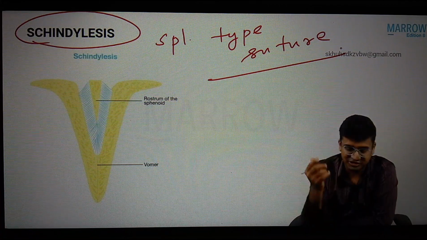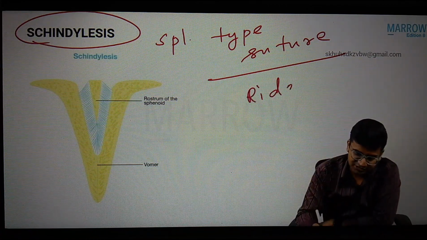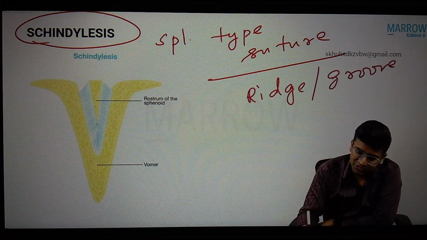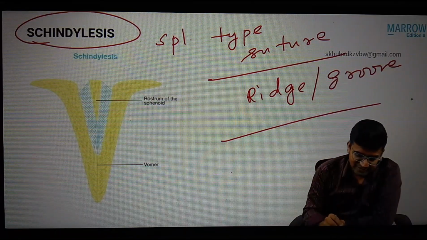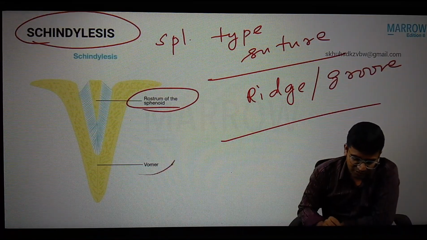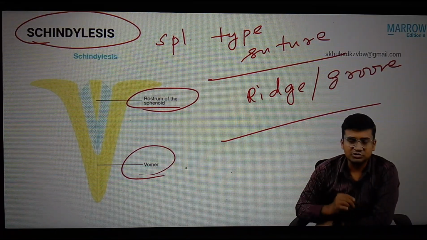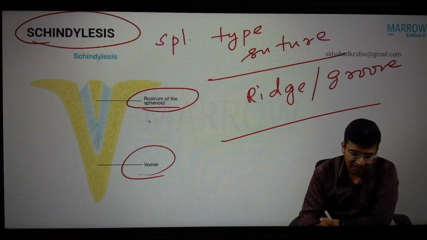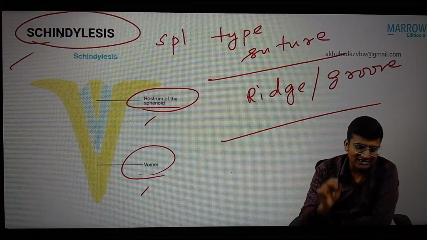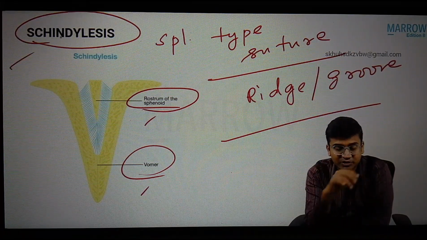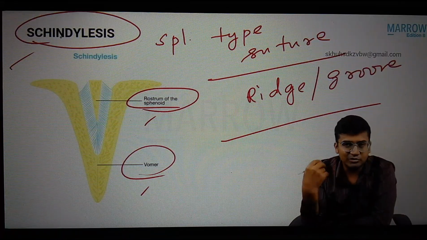It is a ridge and groove suture. Okay, so that is present between the rostrum of sphenoid bone and the vomer bone. So the special type of suture between the rostrum of sphenoid and vomer bone is a Schindylesis suture. Okay, spheno-vomerine joint, spheno-vomerine suture.